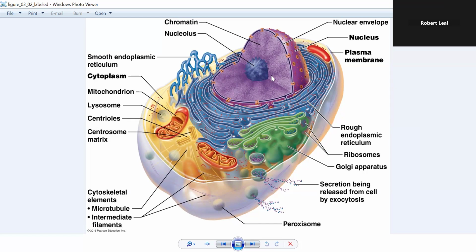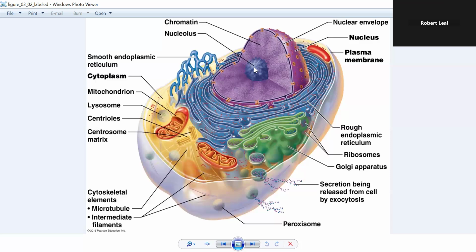And so when the chromosomes are not as condensed, they form what's called chromatin. And then when the cell gets ready to replicate, it'll condense down to form chromosomes. In the middle of the nucleus, called nucleolus, that's where cells will make ribosomal RNA and transfer RNA, which are going to be involved in making a protein.